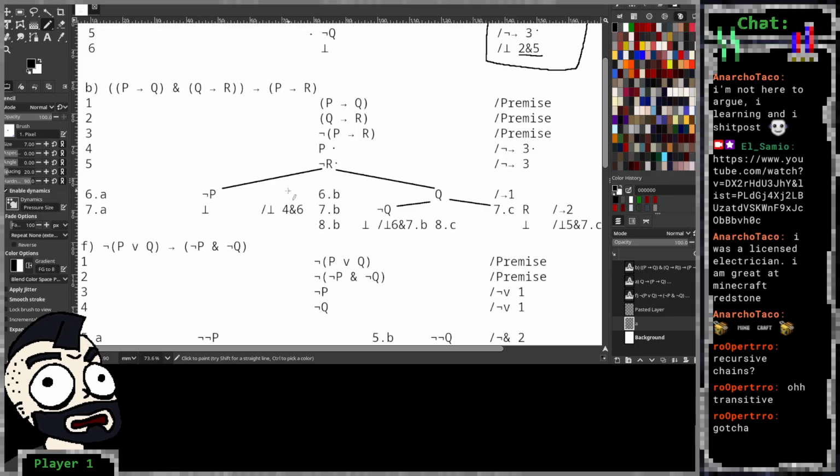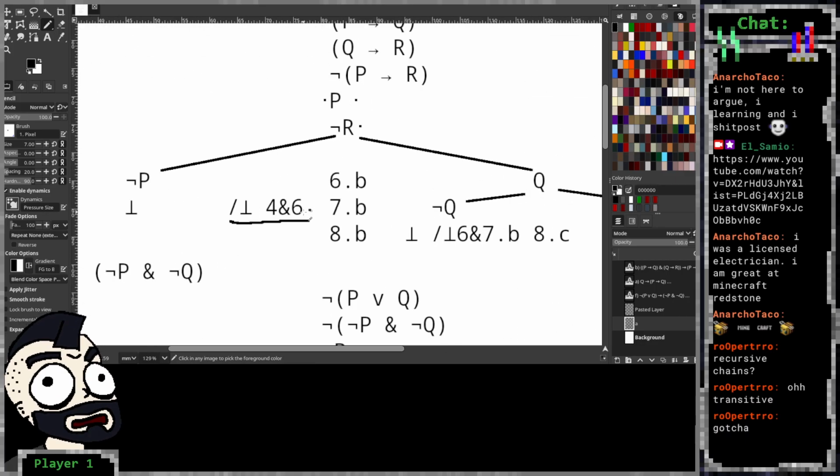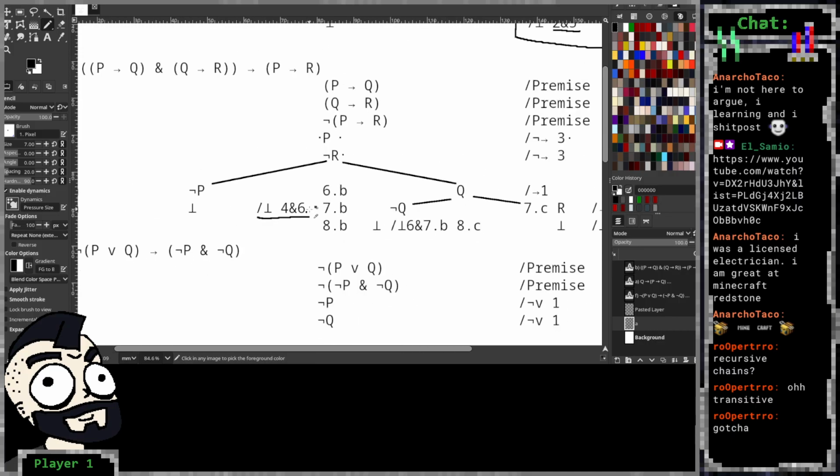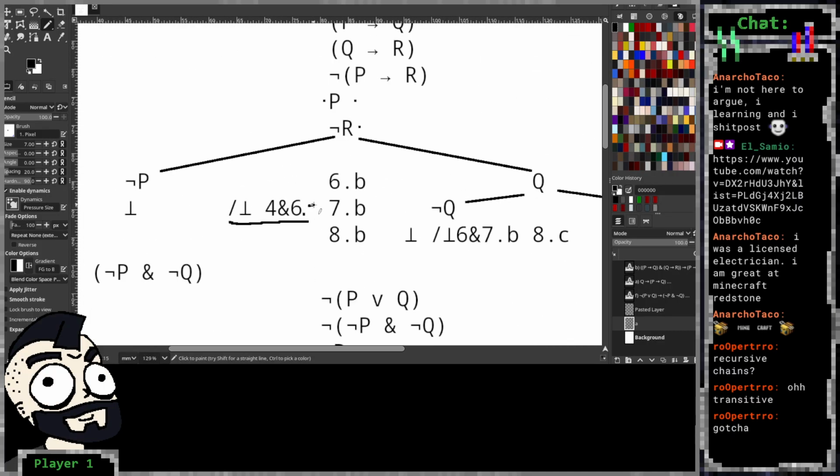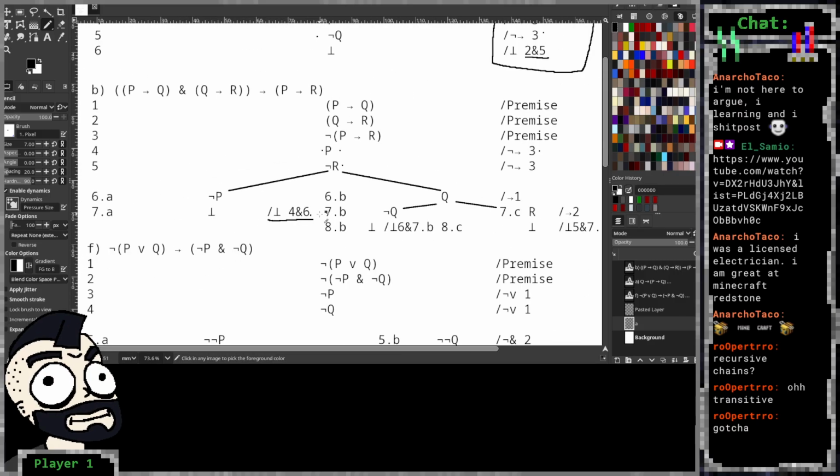So 6A, I justify the split by implication of 1, and then I immediately close branch A in 7 by applying the contradiction rule for 4 and 6. 4 is P, 6, okay, here I missed, it should say 4 point A. Kind of looks like a 2.